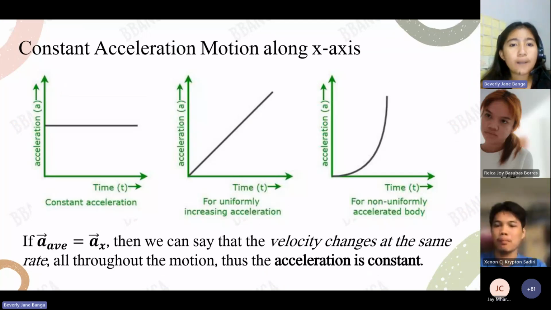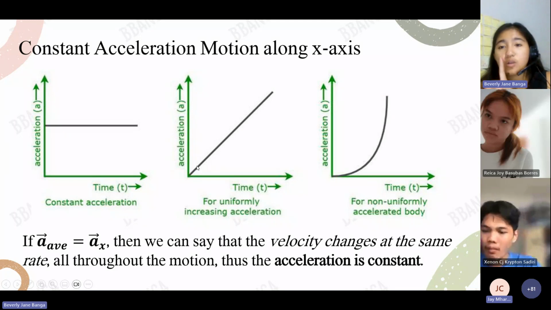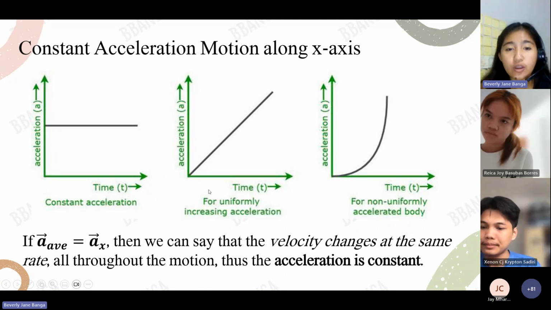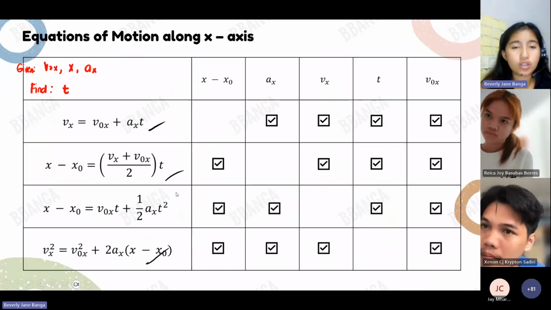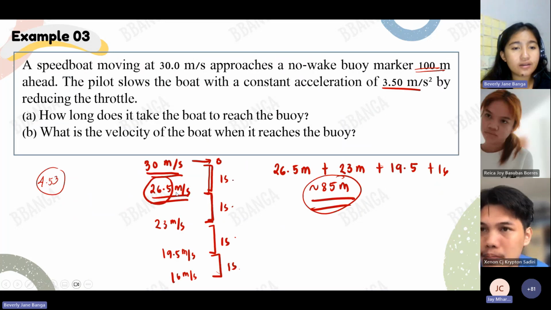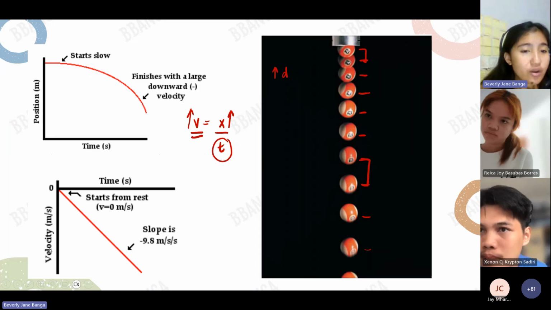Okay, so kapag meron tayong acceleration time graph, pansinin nyo class, ang sinasabi nito, you have a uniform increasing acceleration. Pero dito sa graph na to, ang tinitignan natin ay velocity time graph. So kapag velocity time graph nyo ay linear na ganito lang, this means that you have a constant acceleration.